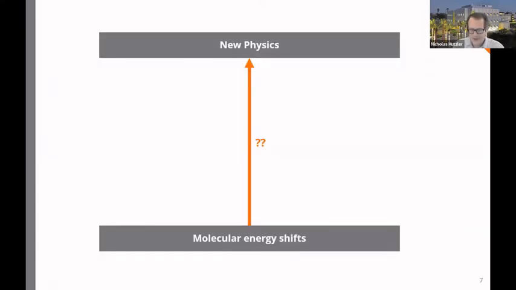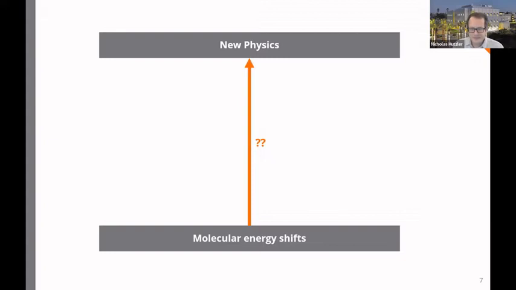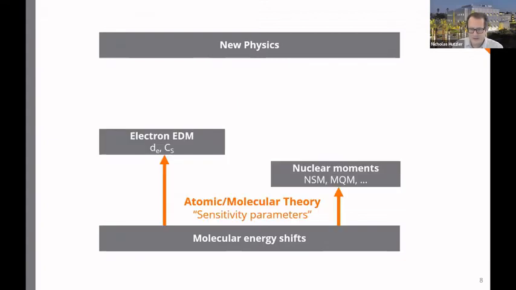And there's also a really important role of theory here. So making this connection, there are actually a lot of steps to go from some measurement to some new physics limit. The first step is you just have to figure out how sensitive your atom or molecule is to these effects. How amplified is the electron EDM or a nuclear Schiff moment?